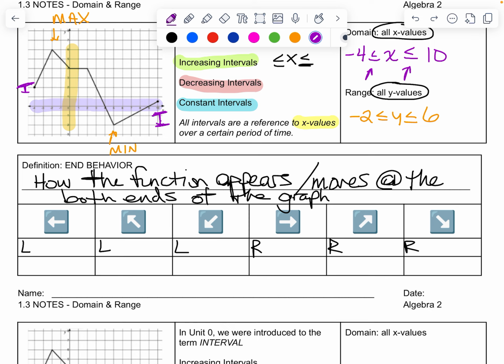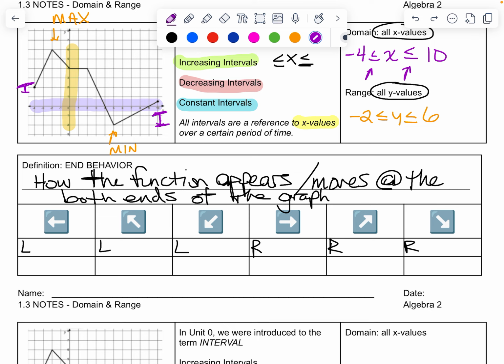It's traveling past that and it's going towards infinity.